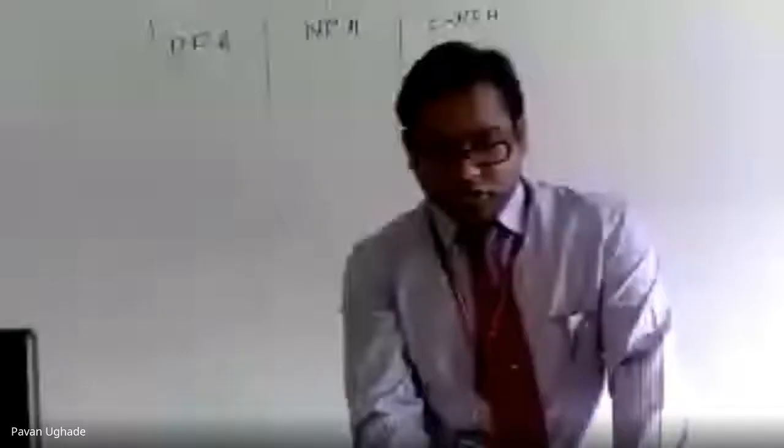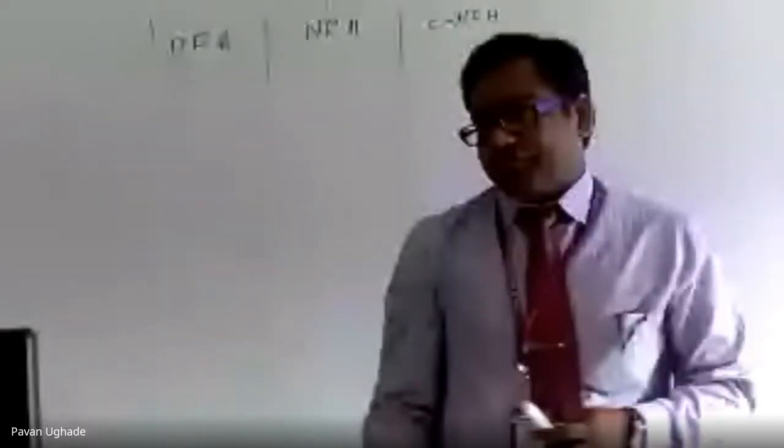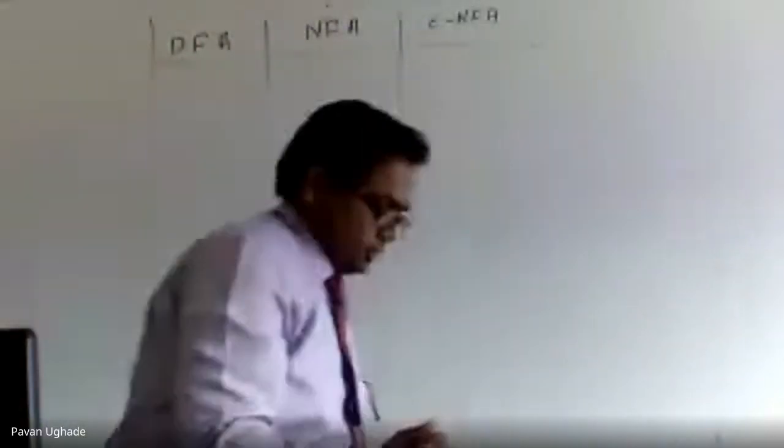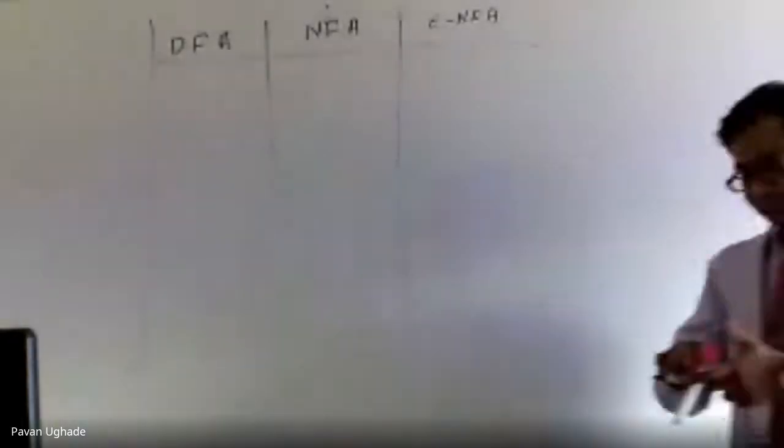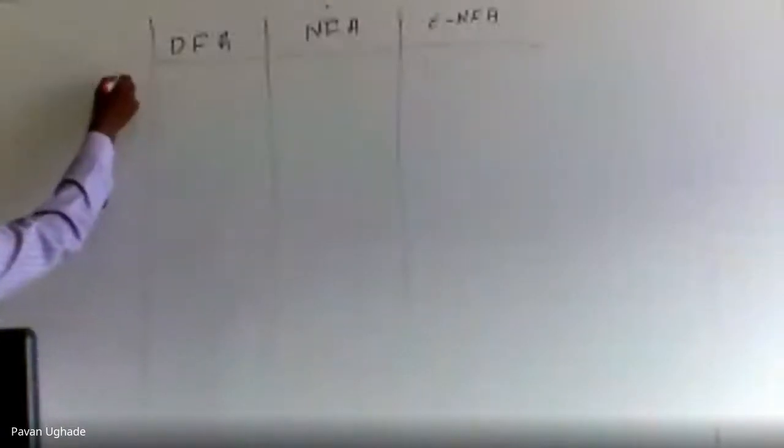Okay, so the first point that you have to consider is their transition function. I'll first note it down: it is all about the transition function, or you can say the definition. So what is the definition of DFA?